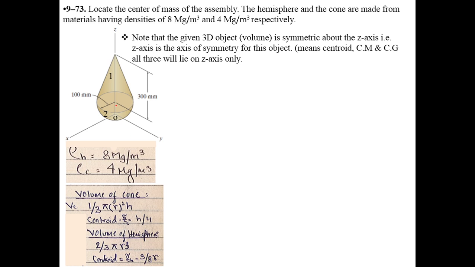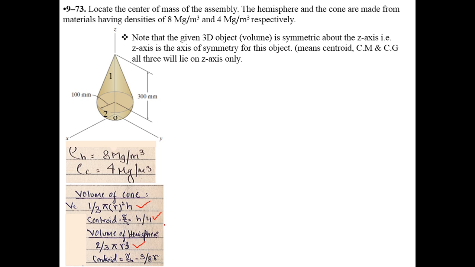And similarly, the volume of the hemisphere, which is volume number 2, is 2/3 pi r cube. These formulas will be helpful for us in solving this problem, and maybe these will be given to you in your exam. The centroid of the hemisphere measured from this point, which is its inverted base, is 3/8 r, 3/8 times the radius of the hemisphere, which is 100 millimeter.